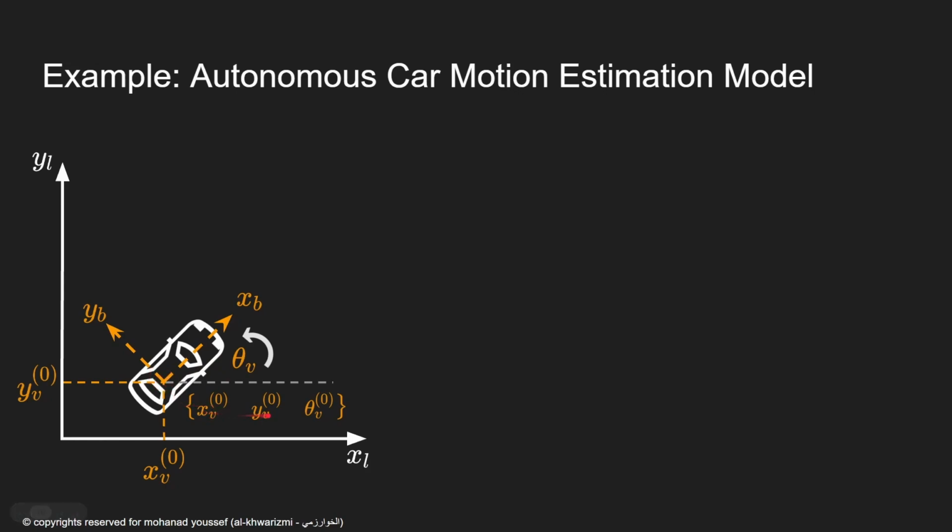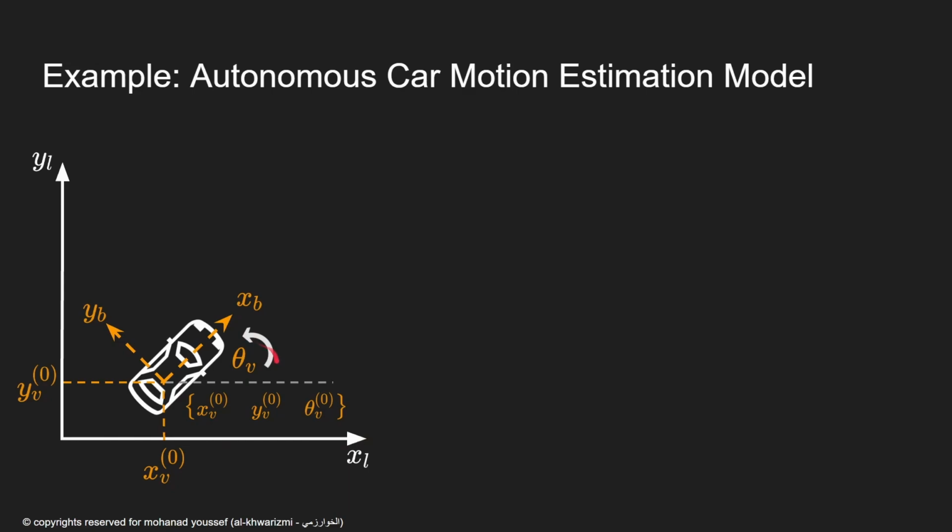So here we have the x, the y, and the theta. So the x here is the x relative to the local coordinates, and also the y and the theta as well. The theta is the orientation, the angle between the x-axis of the body coordinate with respect to the x-axis of the local coordinate.